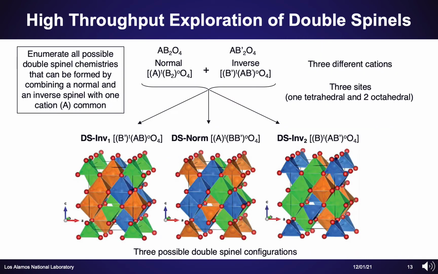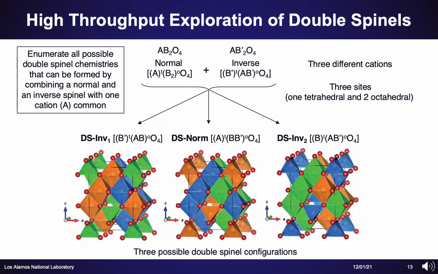The next question is, are there any other possible double spinel chemistries? To address this, we consider mixing of all possible normal and inverse spinel compounds that have the A cation in common. Since there are 3 cations and 3 lattice sites, 1 tetrahedral and 2 octahedral in a double spinel, there are three different configurations that are possible.